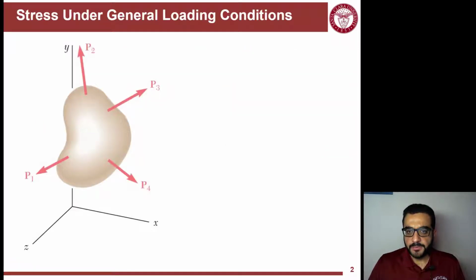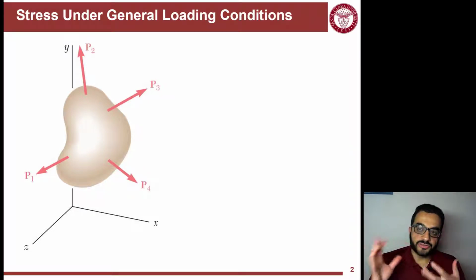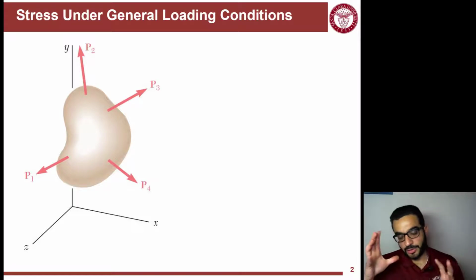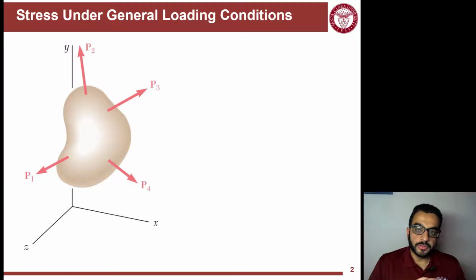So if we look at this nice potato here, a kind of general representation of a shape, there are different forces acting on that shape.